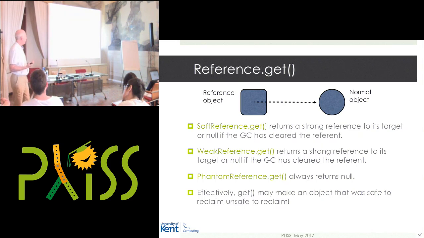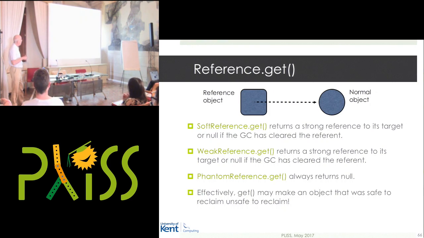The reason it does that is it's useful for building caches and things like that. The rule is that if the collector decides to reclaim that object, this reference had better be null, because you don't want a reference to something that's being collected.